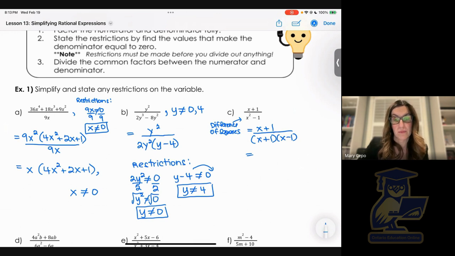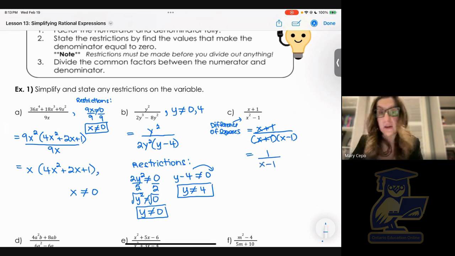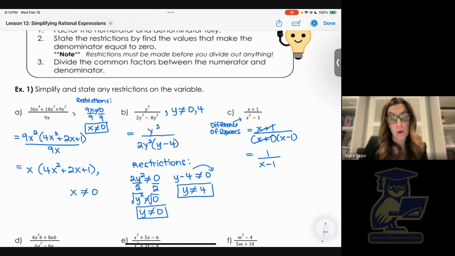So you set up the two brackets, x is the first term in each bracket, and the root of 1 is in each bracket. Now, if you notice here, we have a scenario where there is a common binomial factor. So simplifying, we can take x plus 1 divided by x plus 1, and we're left with 1 over x minus 1. Now, again, x plus 1 at one point before we simplified was part of the denominator, so that value of x has to be considered for a restriction.